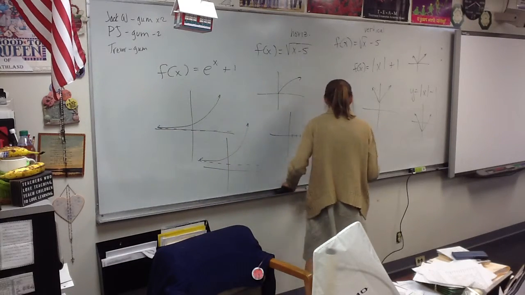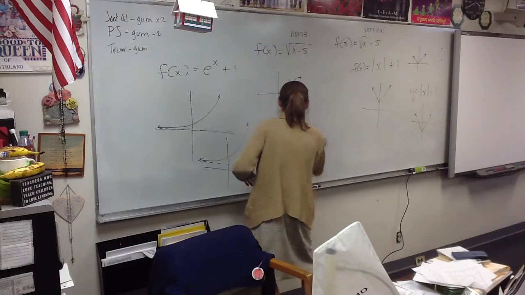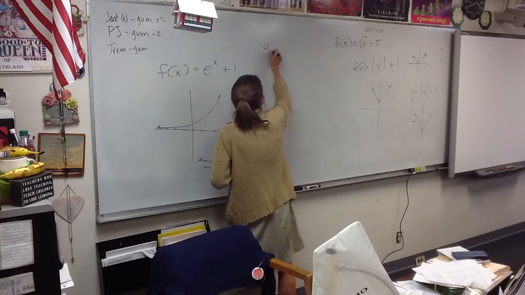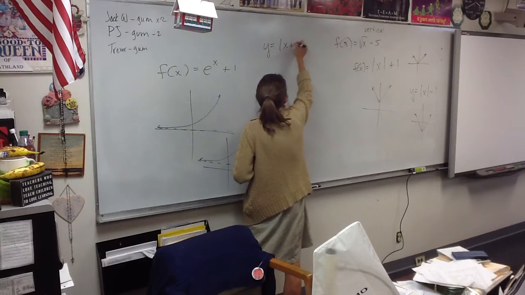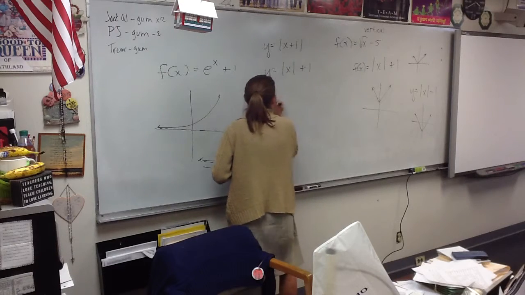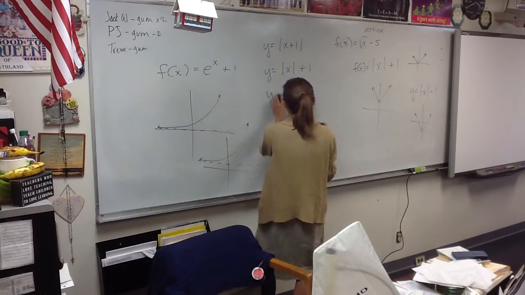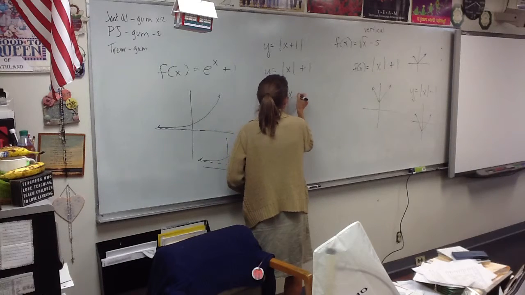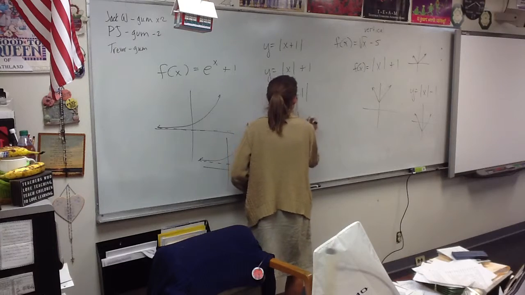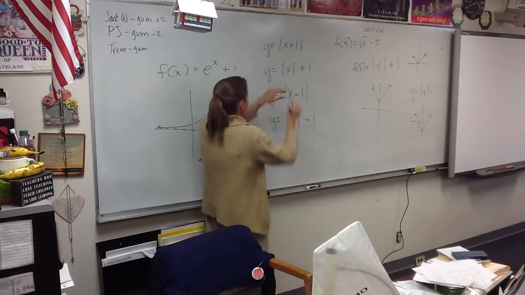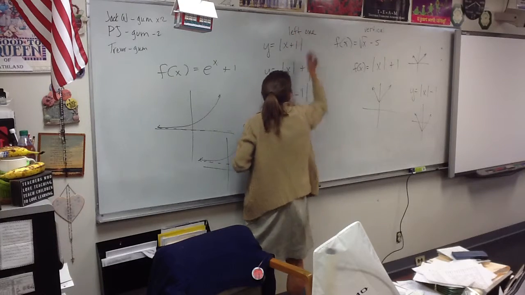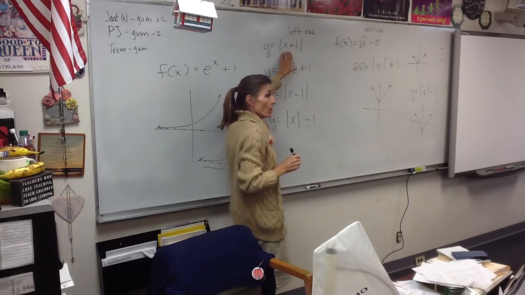Let's see, maybe we need to take a note, because I think I'm trying to cover too fast here. Let's look at this. These are the rules. I'll just use absolute value as my example. This one right here goes left 1.